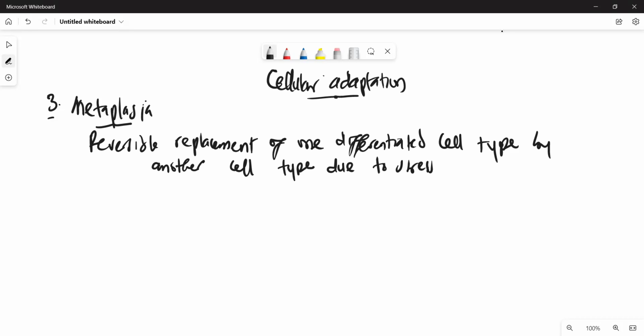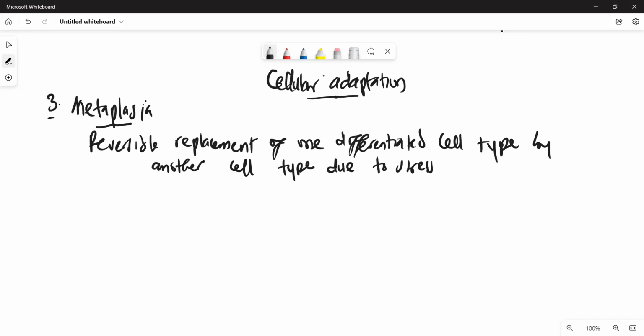Hyperplasia is increase in number of cells, but metaplasia is basically we are replacing one cell by another, right? The name of the metaplasia normally goes by the new cell that is there, the new replacement.